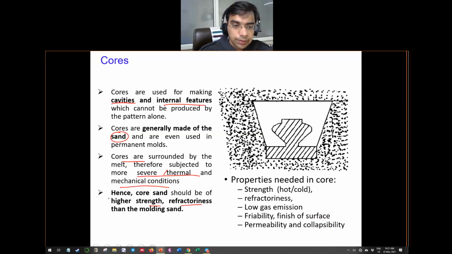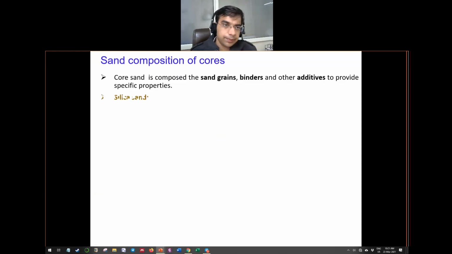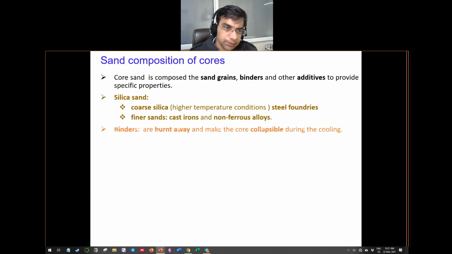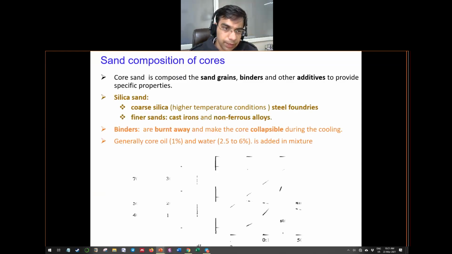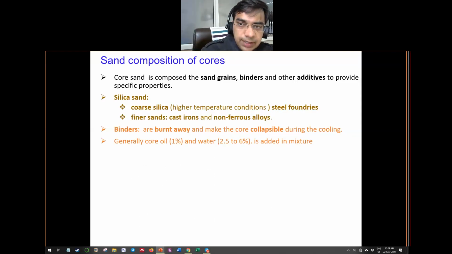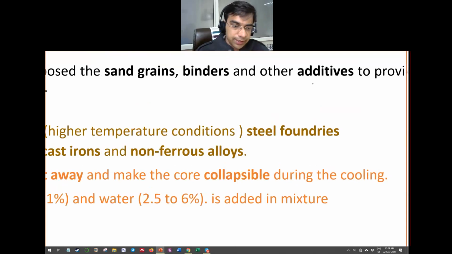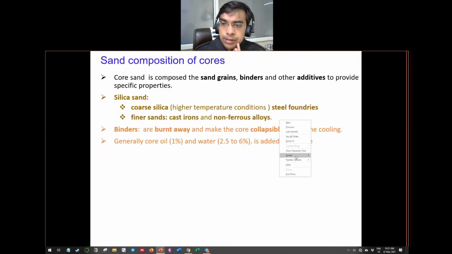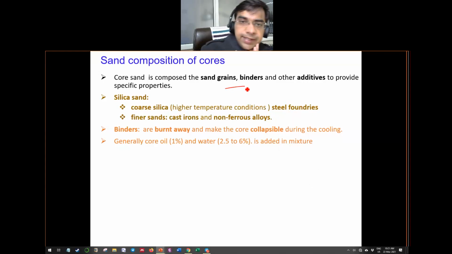So next are basically the different types of core sand which are there. So core sand basically comprises of these binders and additives which are on the higher side. So we have the silica sand which is used in coarse or fine grains.